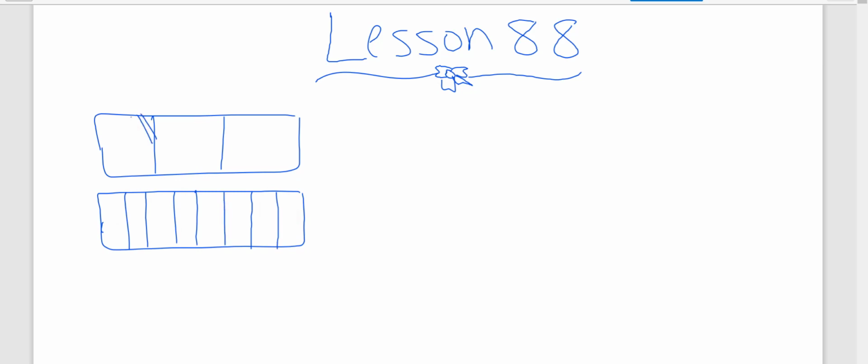Shade the first bar, two parts, and the second bar, five parts.